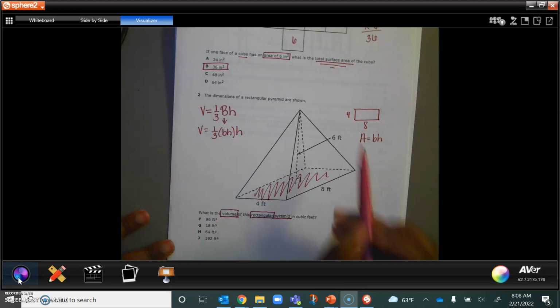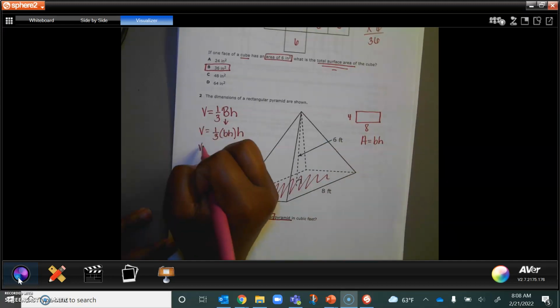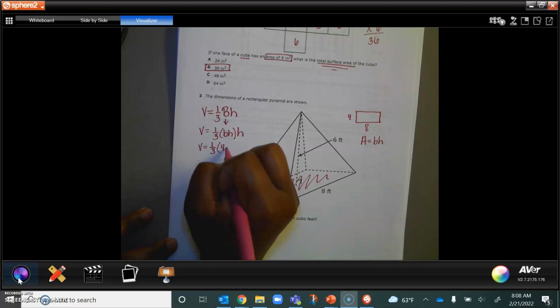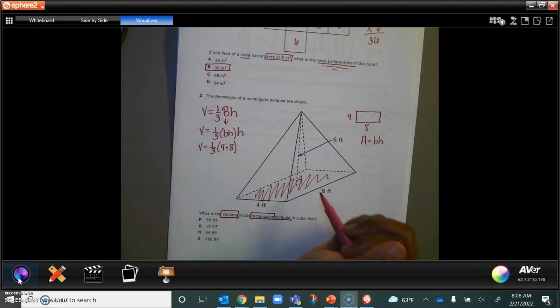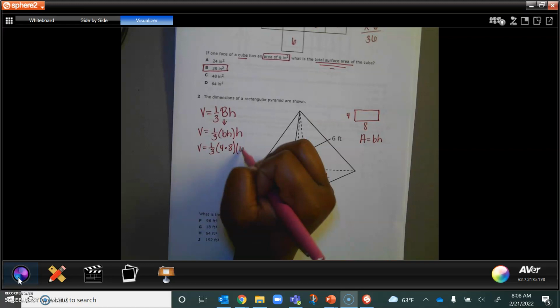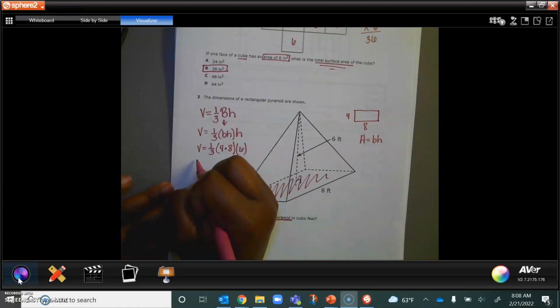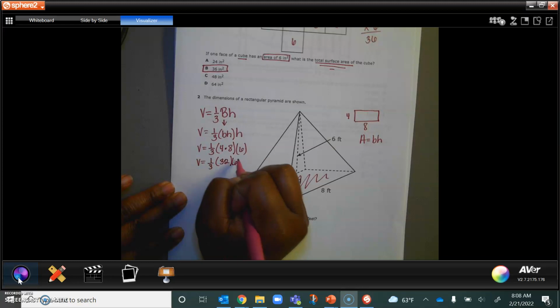I know the base and height of my base are 4 and 8, so I have 1/3 times 4 times 8, and then I'm going to multiply that by the height of the pyramid, which is 6. 4 times 8 gives me 32. So I have volume is equal to 1/3 times 32 times 6.